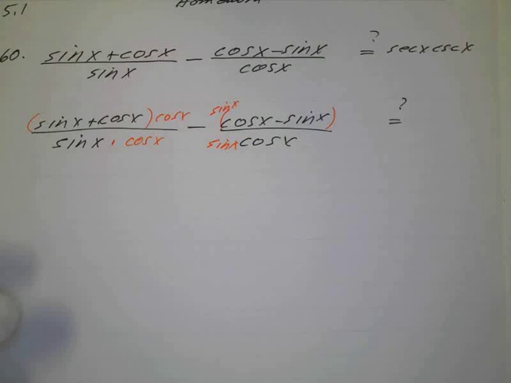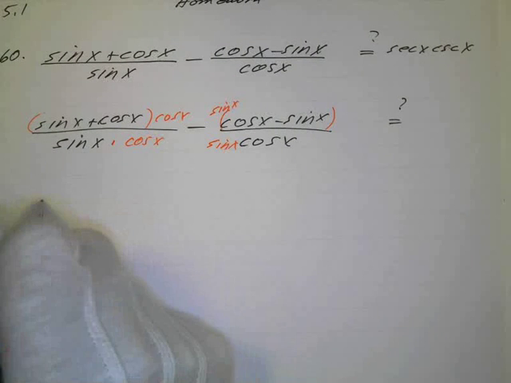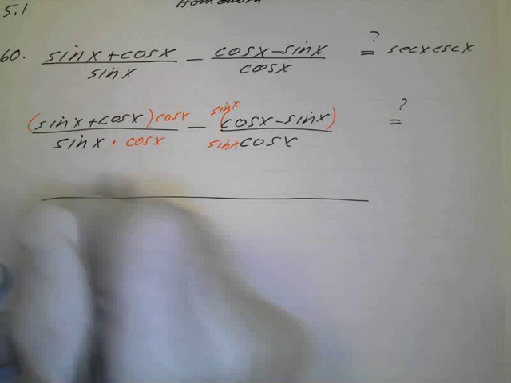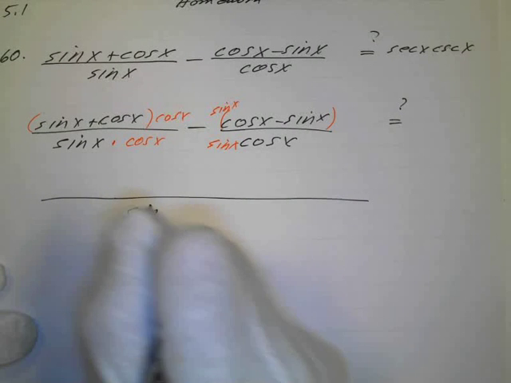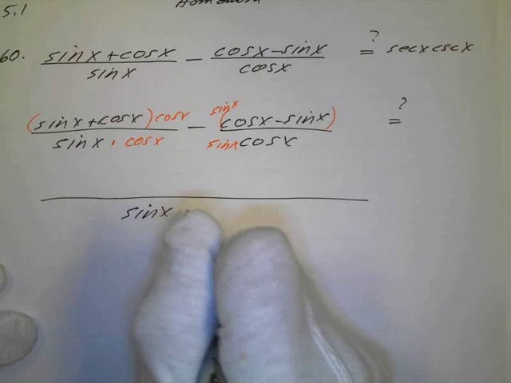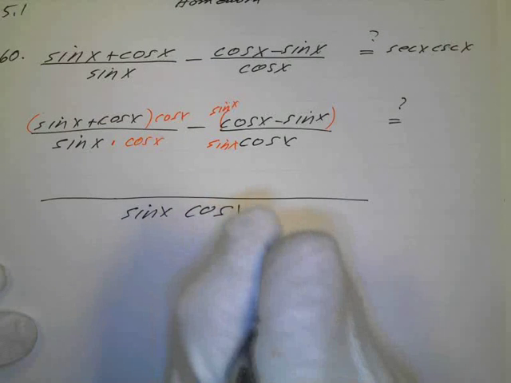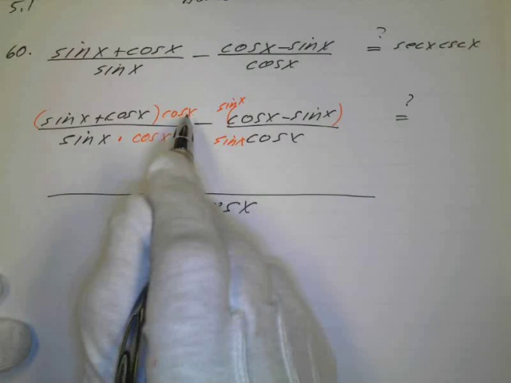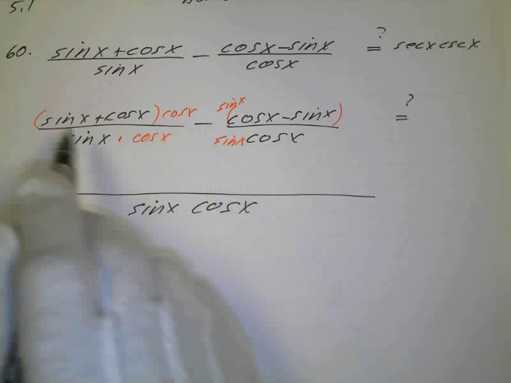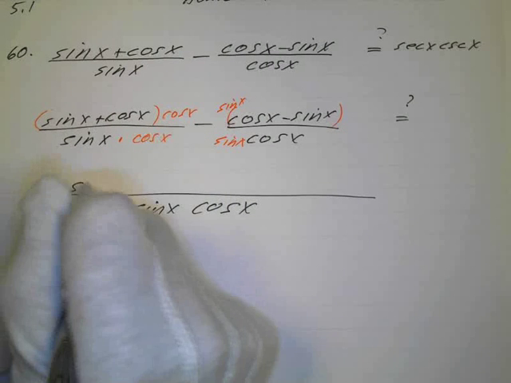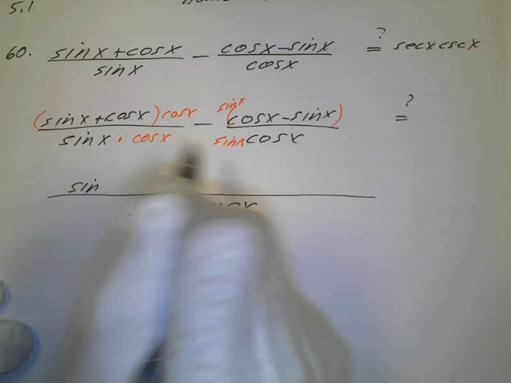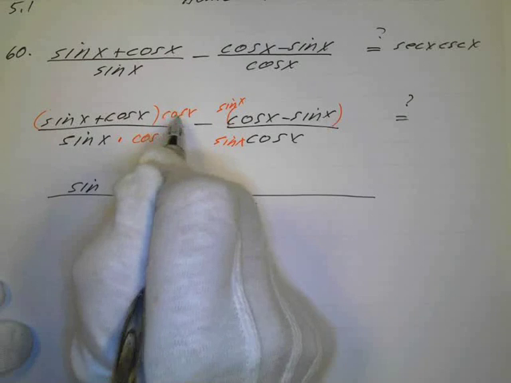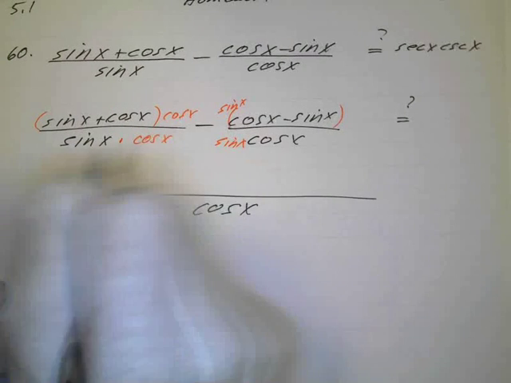And we got a lot of multiplying to do, so let's take care of all that. So we'll draw a big old fraction bar here, and then we've got the sine of x cosine of x on the bottom. That's my denominator. If I multiply out, I've got sine cosine. Or not the FOIL method, pardon me, the distributive property. It's just a monomial becoming a binomial, so it's the distributive property.